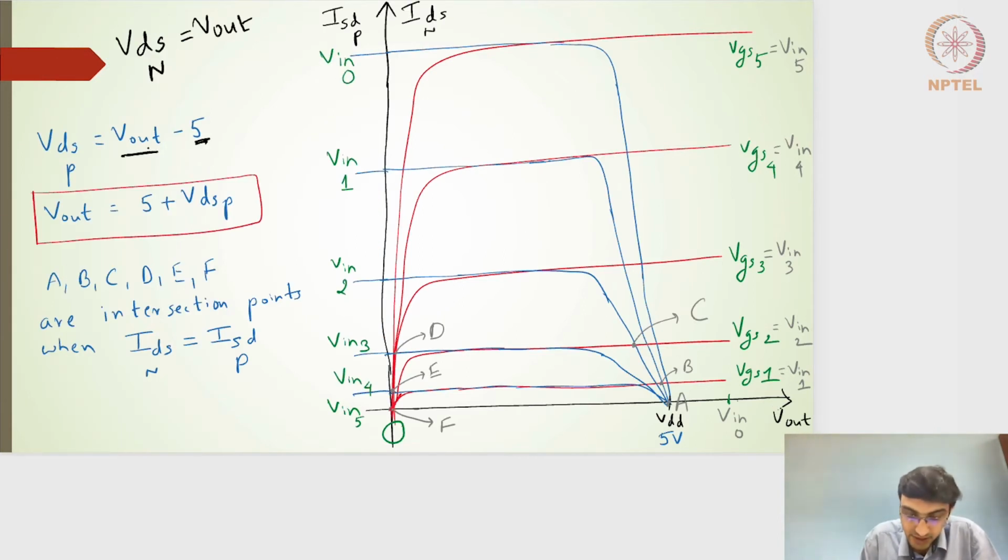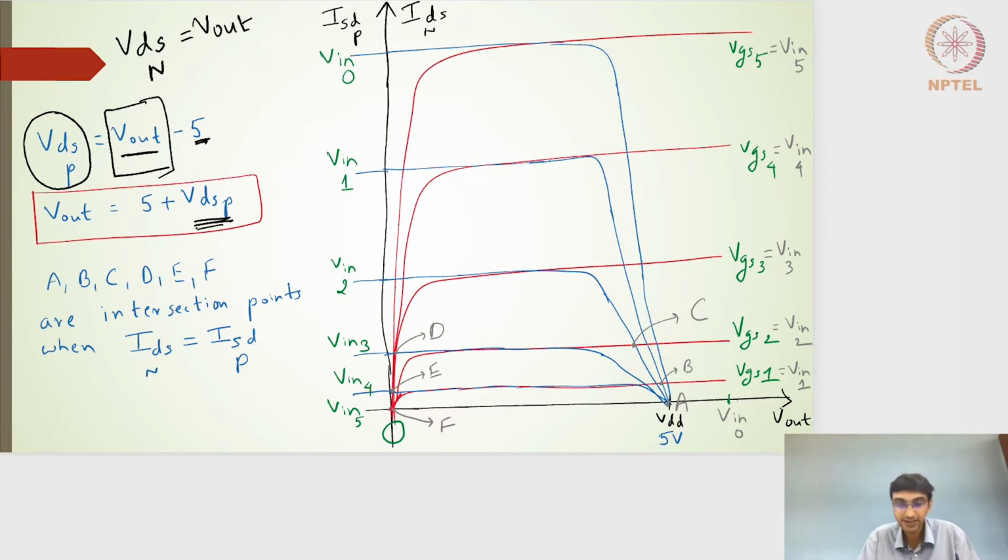So we have drawn the profile with respect to VDS of PMOS. And if I want to draw that particular profile in terms of only V out, then V out turns out to be nothing but 5 plus VDSP.